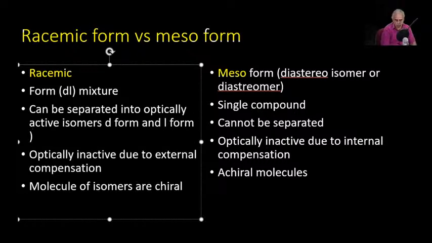So what are enantiomers? Isomers with a different sign of optical rotation can be called enantiomers.